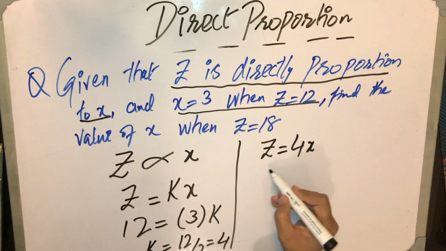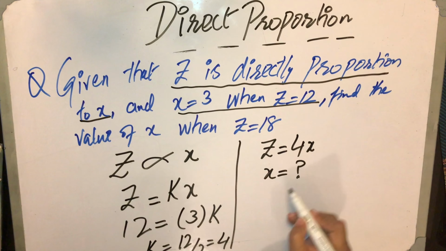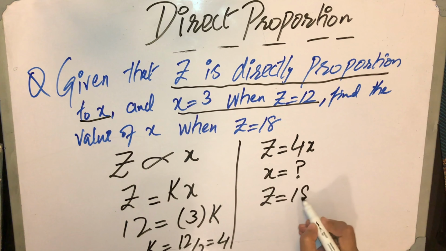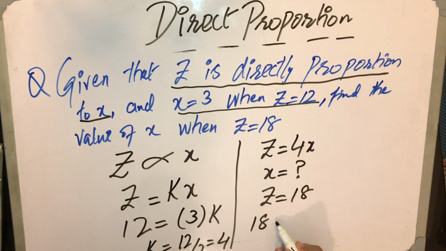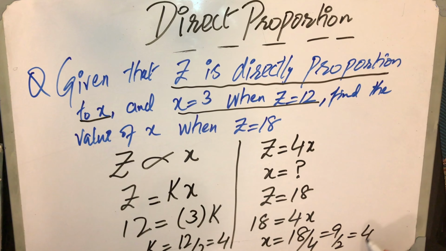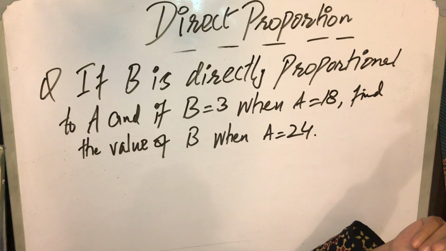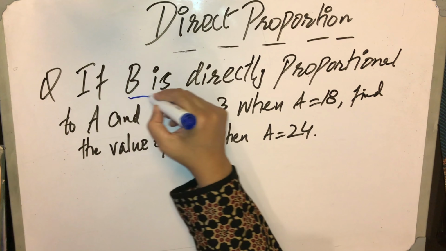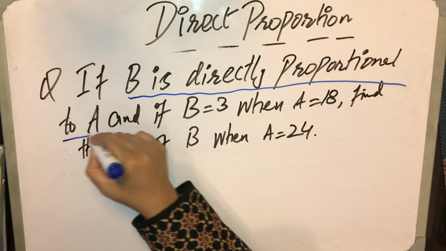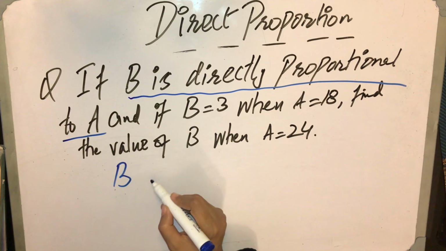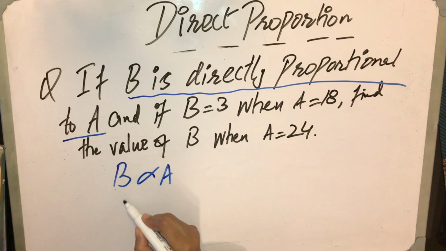Find the value of x, which is unknown, when z is 18. Put the value 18 where there was z, now there is 18 equals 4x. Now we shall divide by 4. 18 over 4 will be 9 over 2, that is 4.5. Different variables can be used, but the situation is exactly the same. B is directly proportional to A.